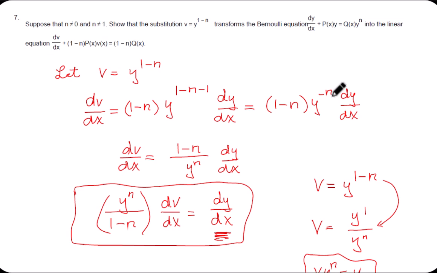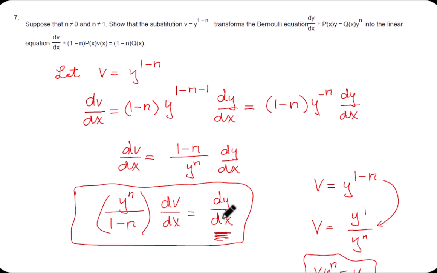And so, comparing the right-hand side with the left-hand side, dv dx is, and I just rewrote this as 1 over y to the n, and so I get dy dx is y to the n over 1 minus n. Okay, that seems, hold that thought.